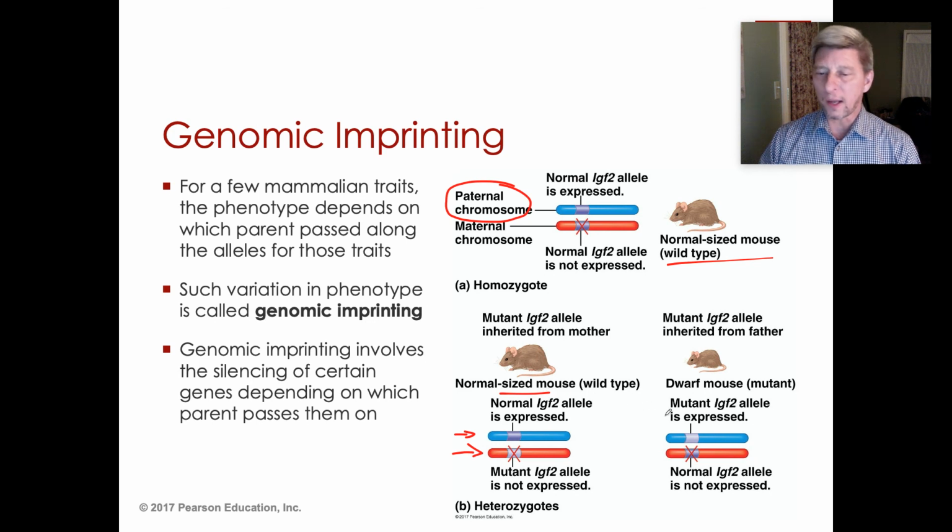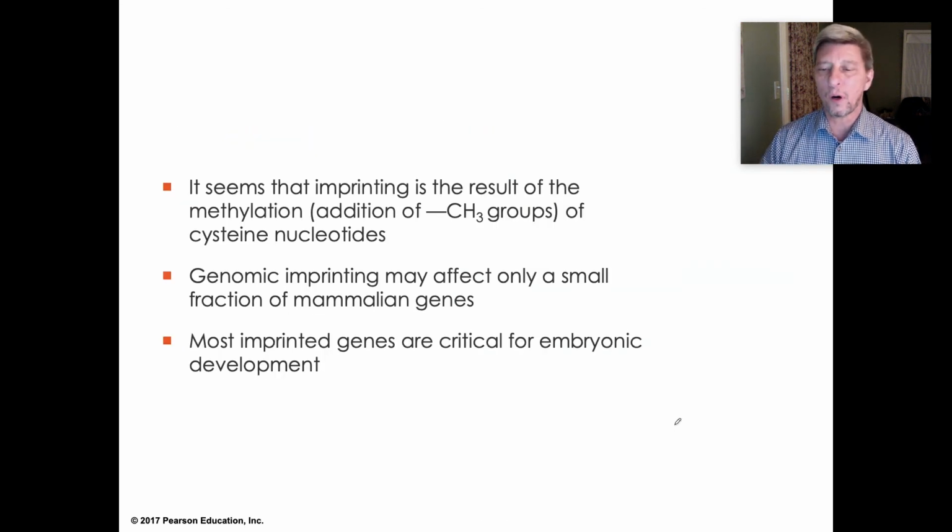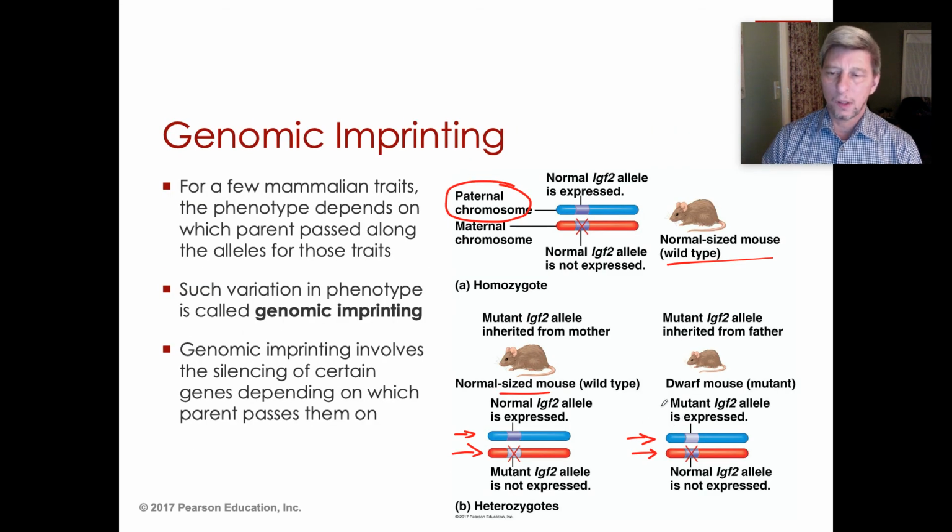On the other hand, in this version of a heterozygote, where the mutant allele is on dad's chromosome and the normal allele is on mom's, again, the mother's chromosome is not expressed, and therefore the offspring will be a dwarf mouse.